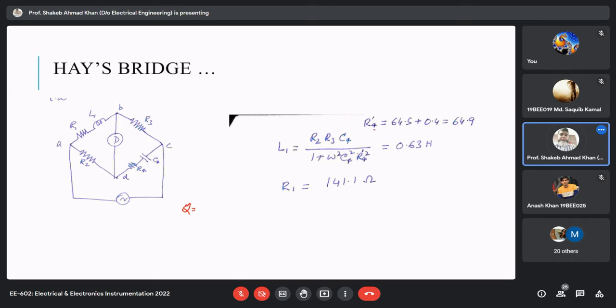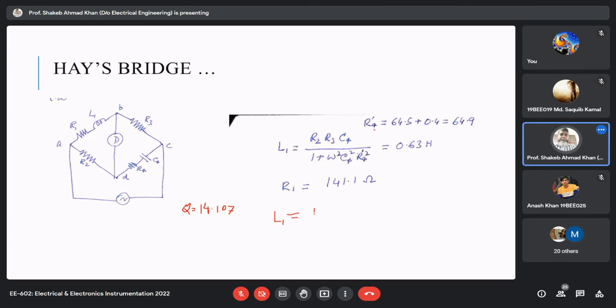14.107. So obviously we can calculate L1. You can compare also if you are calculating with the exact equation.